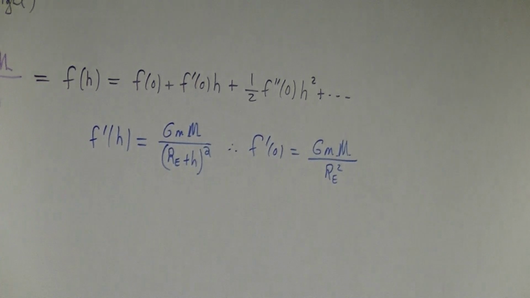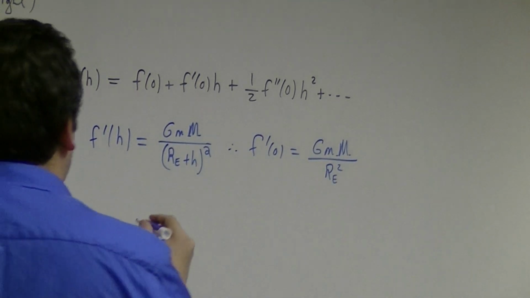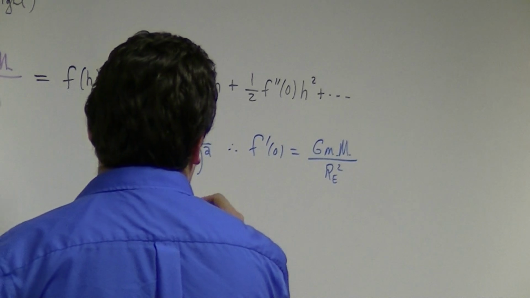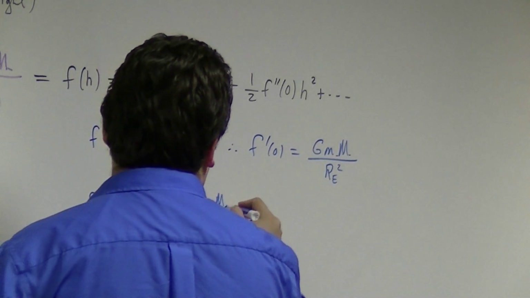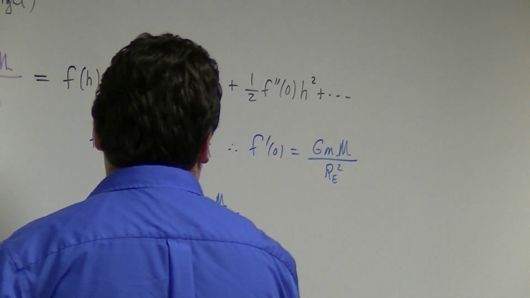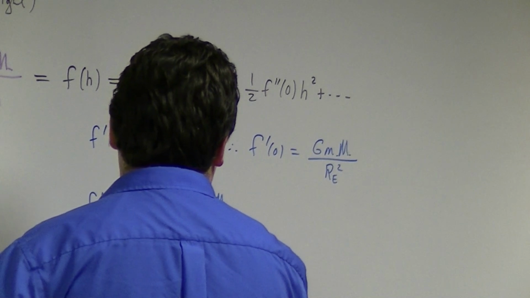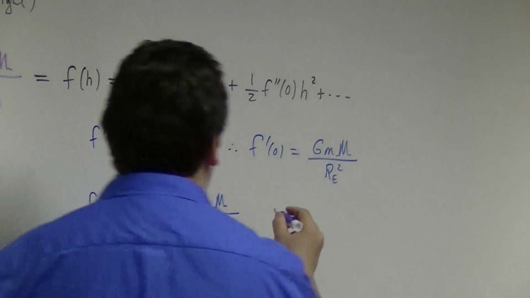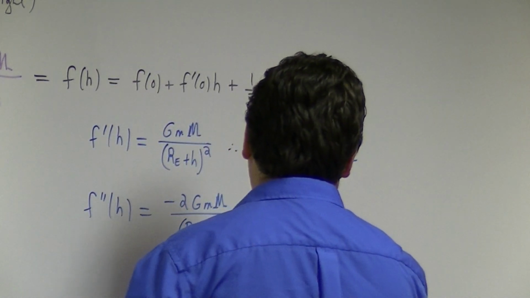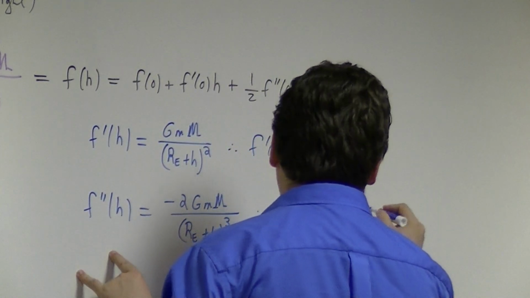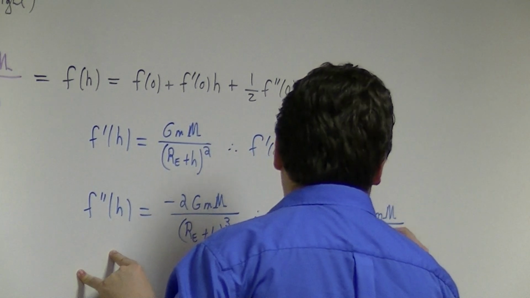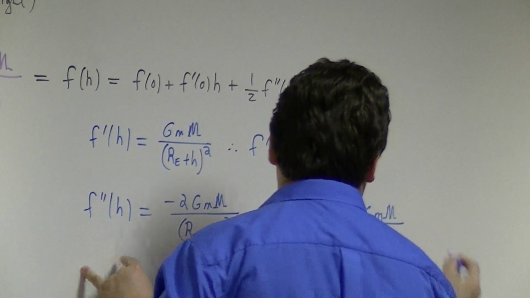And then what's f double prime? Well, that gives you minus 2 G M divided by (radius of the Earth plus h) quantity cubed. And so f double prime of 0 is roughly minus 2 G M big M divided by the radius of the Earth cubed.